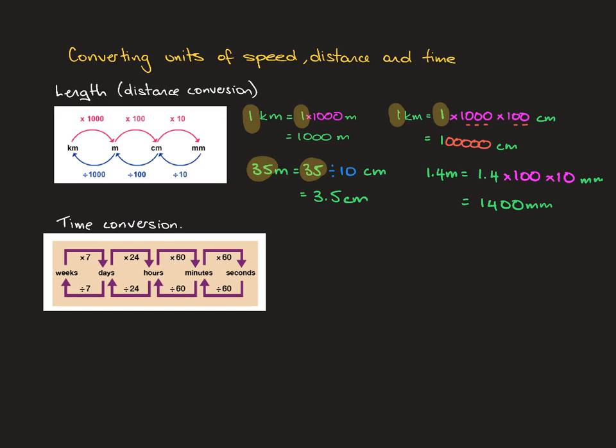Again, I've got 1.4 that I want to convert, so I write 1.4 and then my conversion factors. I'm going from metres to millimetres, so my conversion factors are times by 1,000, times by 100, and times by 10. So that's how you convert your distance units.